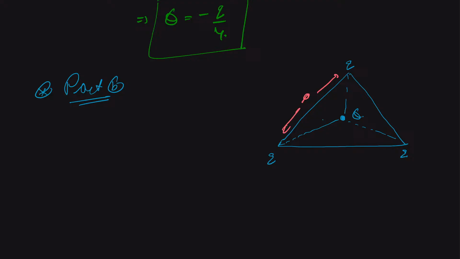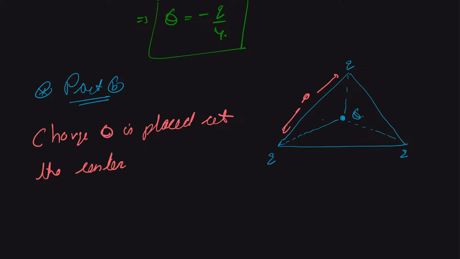Therefore this charge capital Q is placed at the center of the triangle, and the distance will be, suppose, r, and that will be equal to a by square root of 3, where a is the side length of the triangle.